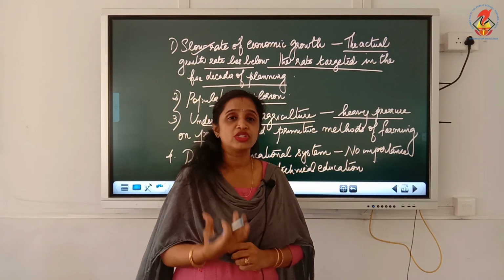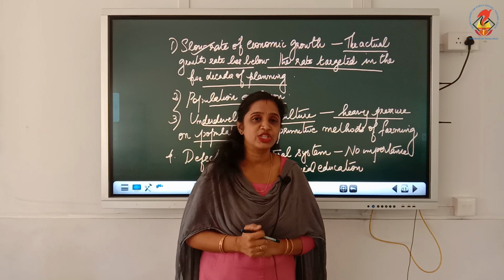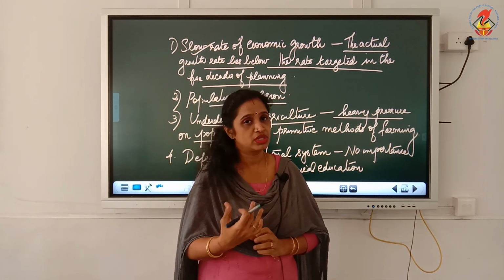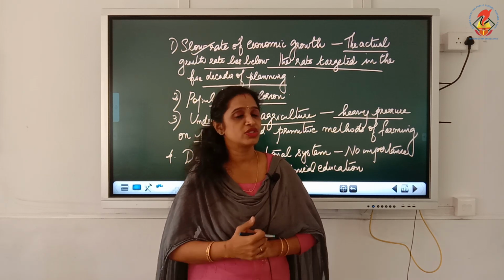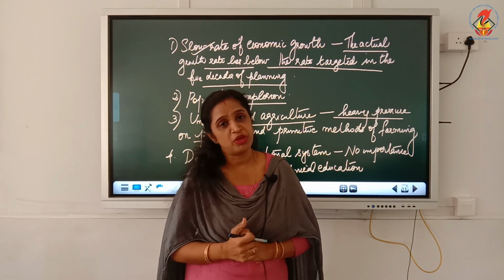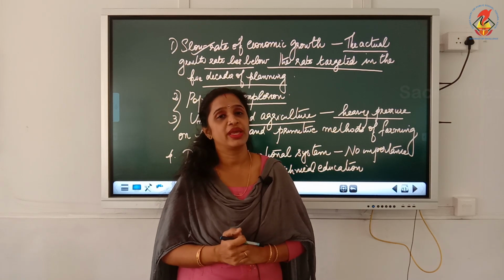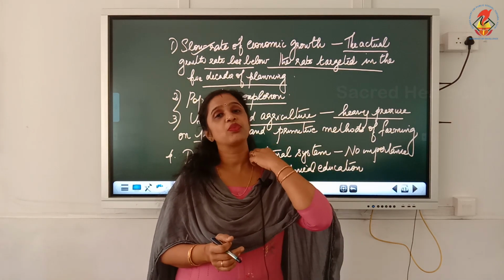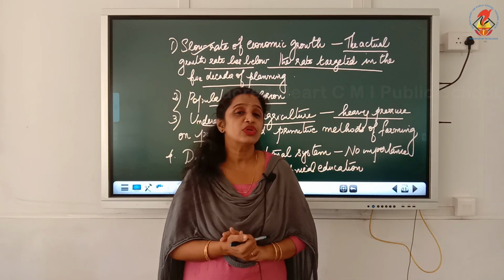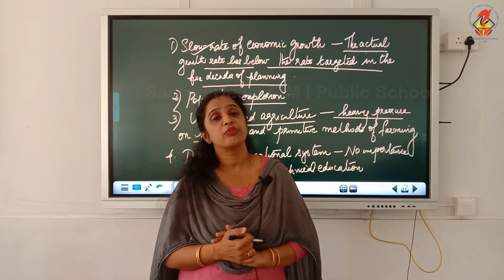So, you can find a lot of disguised unemployment in the rural areas. Now, in the last video, you recollected the concept of disguised unemployment. Actually, only a few people are required in a particular farm area, but more than that are working there. That is known as disguised unemployment. In the rural areas, this disguised unemployment is more.